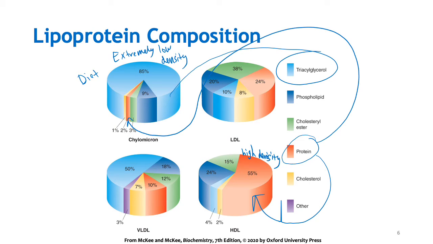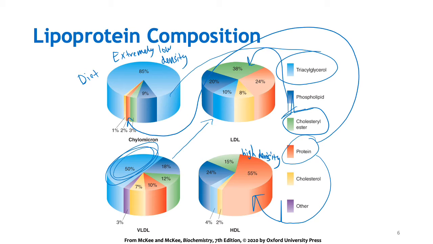And then cholesterol ester, you can think of those as cholesterol. It's only 3% that. Whenever you go to LDLs, notice you bump up to 38% cholesterol ester. And really what I told you is that VLDLs end up going to LDLs. Now what you may notice is that VLDLs have 50% triacylglycerols.